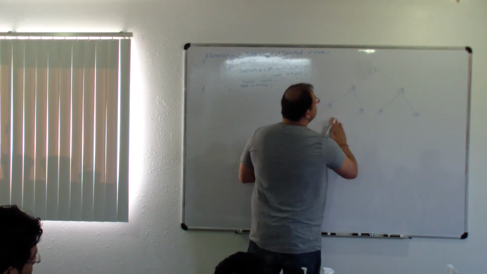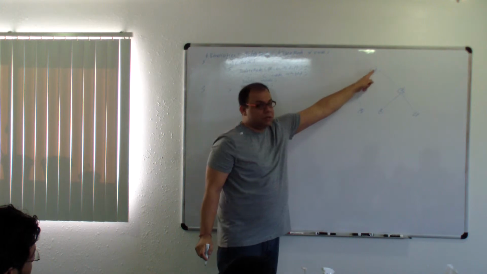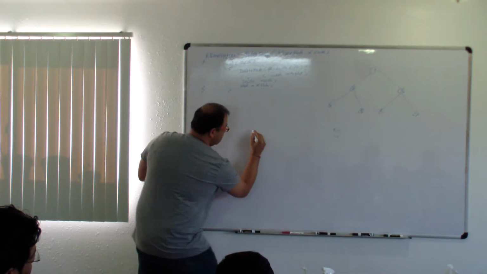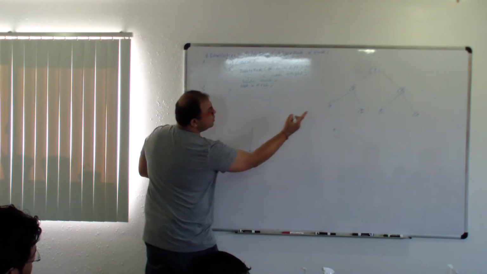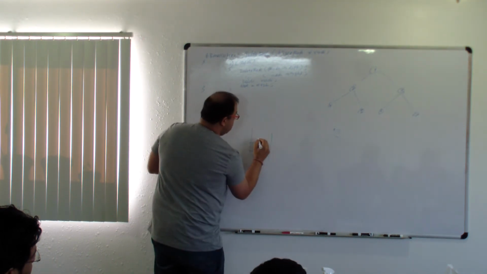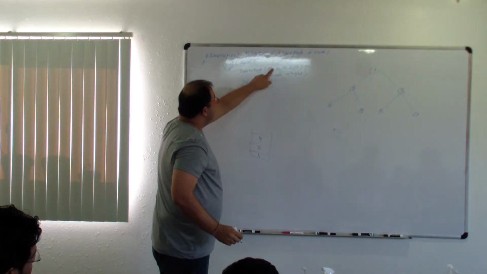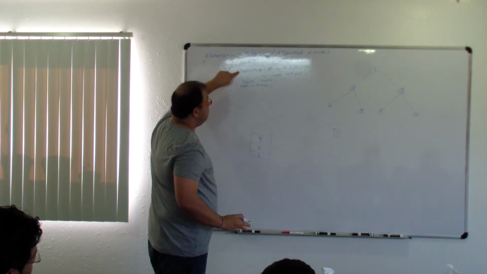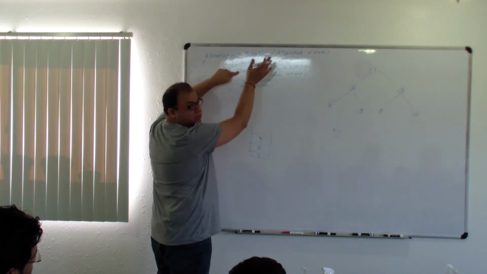We'll say root comes 1. 1 calls 2. 2 calls 4. Now 4 comes in here, 4 exists, right? Delete node, 4's left, there's nothing.